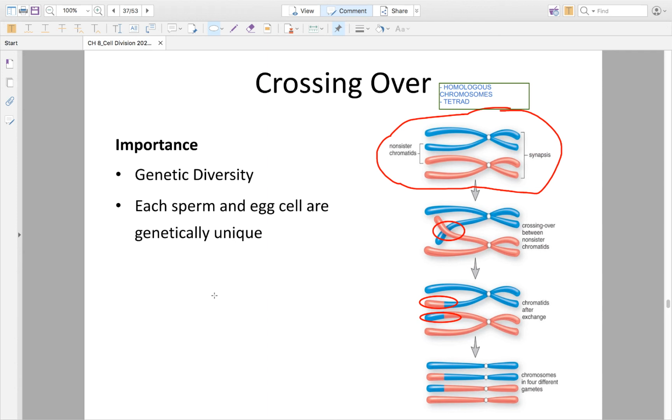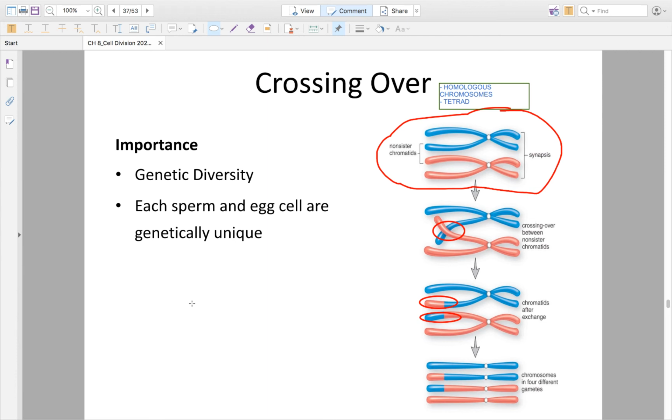There's a genetic shuffle. So every egg and sperm that's made is going to be slightly different. There's always going to be a genetic crossover, and we don't know exactly how that's going to turn out until there's a person, a human that's born, or an animal, or whatever.